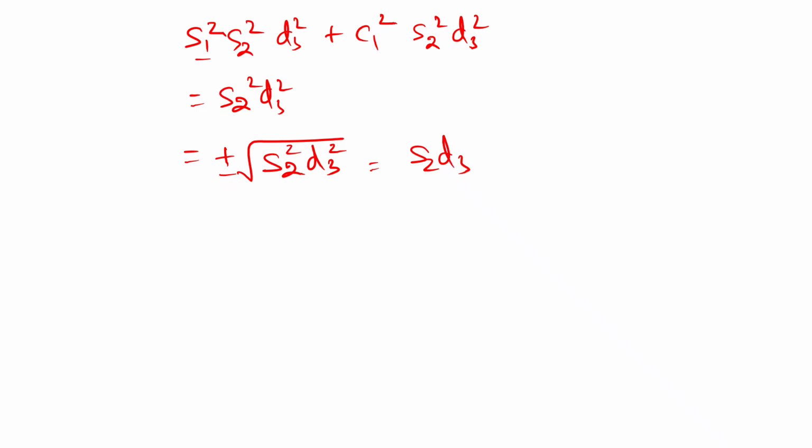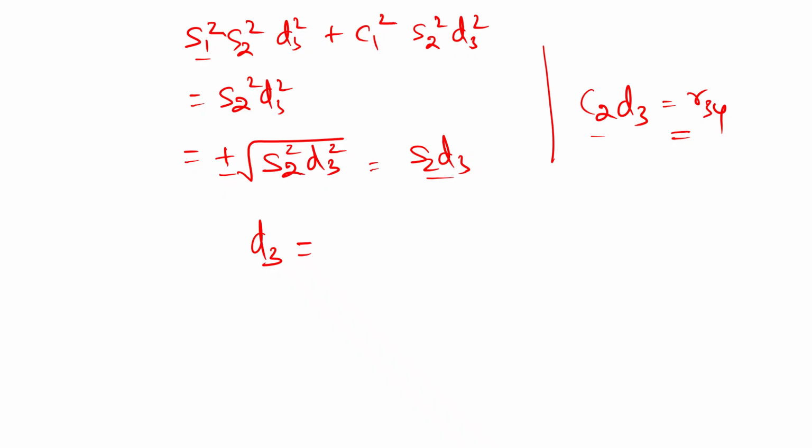Then already you have C2 D3. So now how will you get D3? Here you can take the ratio of these two, S2 D3 and so on.